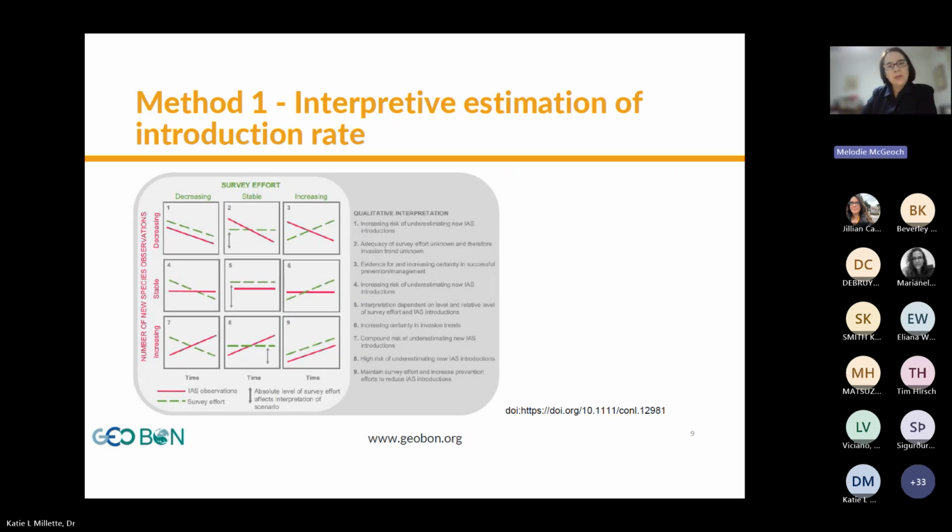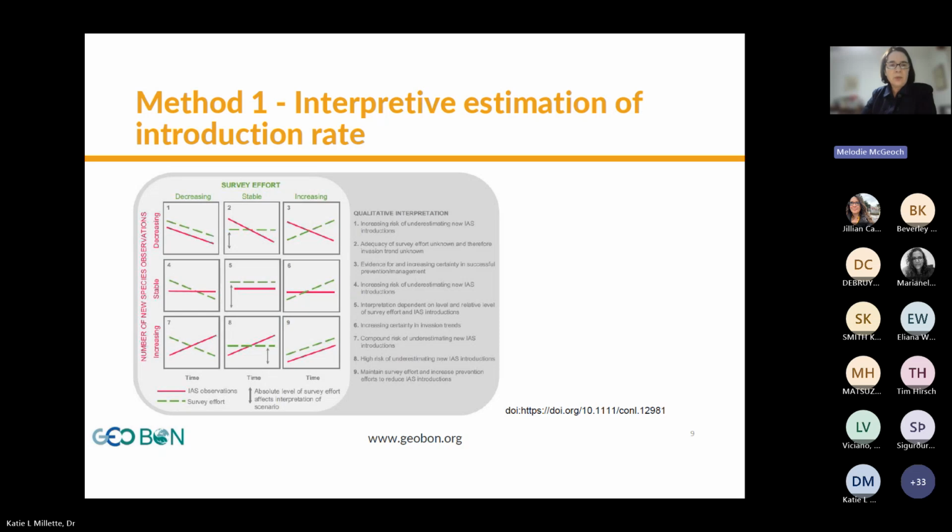That scenario is interpreted on the right here as an increasing risk of underestimating new invasive alien species introductions in that country. And that would compare, for example, with scenario number 9, where we have increasing survey effort and increasing numbers of species observations, which one might interpret as the need to maintain survey effort and increase prevention efforts in order to reduce invasive alien species introductions.